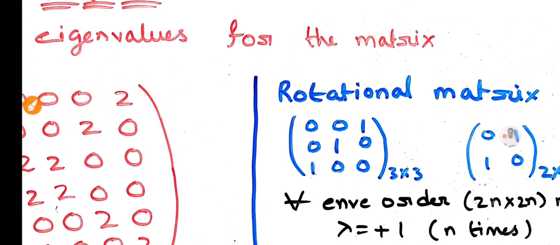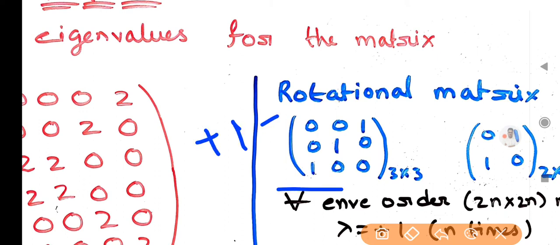So what happens here? Here lambda equals +1 for 2 times and lambda equals -1 for 1 time. Okay. So in this way you can easily determine the eigenvalues. Once you determine eigenvalues, you can easily find the determinant also, and from eigenvalues you can say the rank of the matrix also.